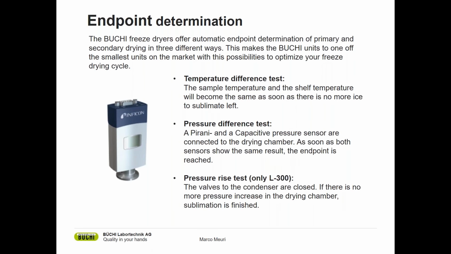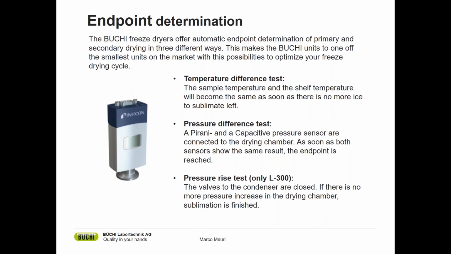This is not the most precise method, mainly because it's very much reliant on how well the sample temperature probe is located in the very center, on the very bottom of the freeze drying vial.